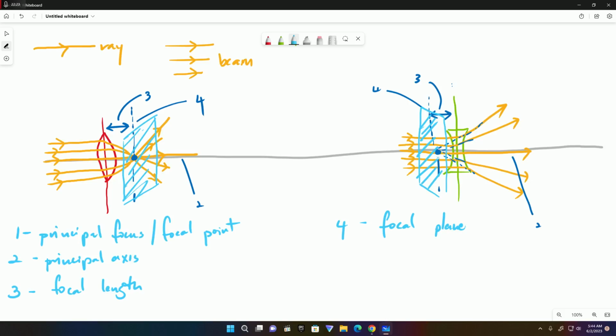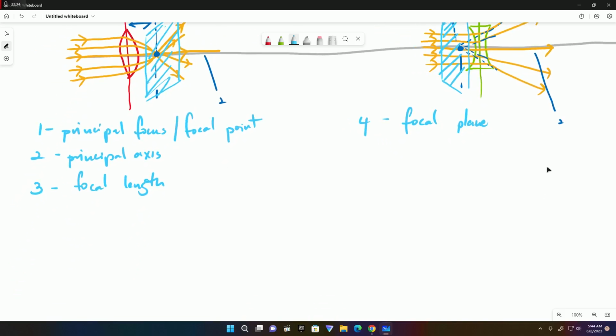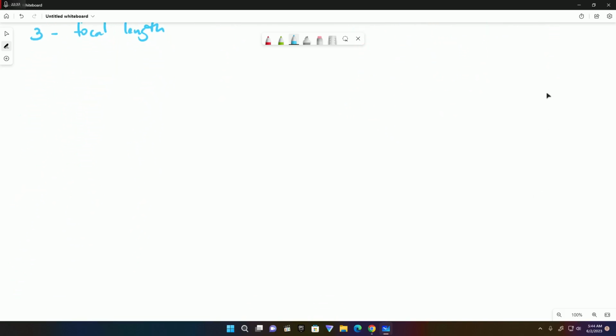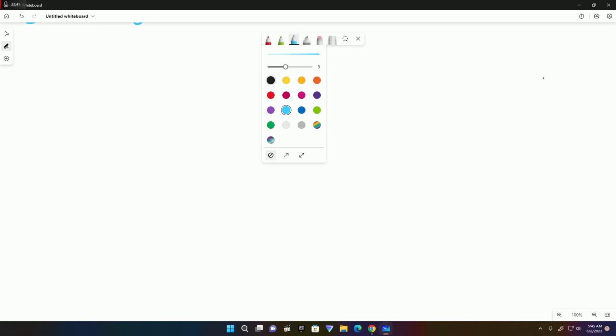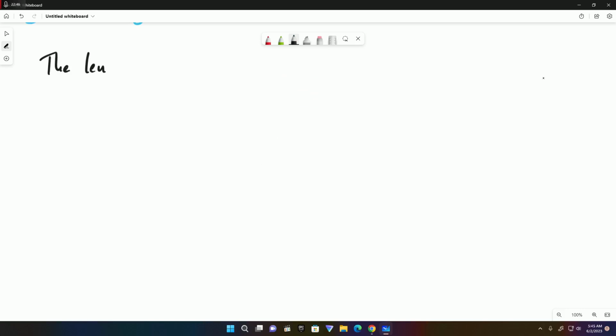And this is basically lenses. There is one formula you need to know for lenses. We will look at lenses, magnification, real and virtual images, and we will be done with this section of the syllabus. Hurrah! Now, the formula is very simple. The lens formula: 1 upon f is equal to 1 upon u plus 1 upon v.